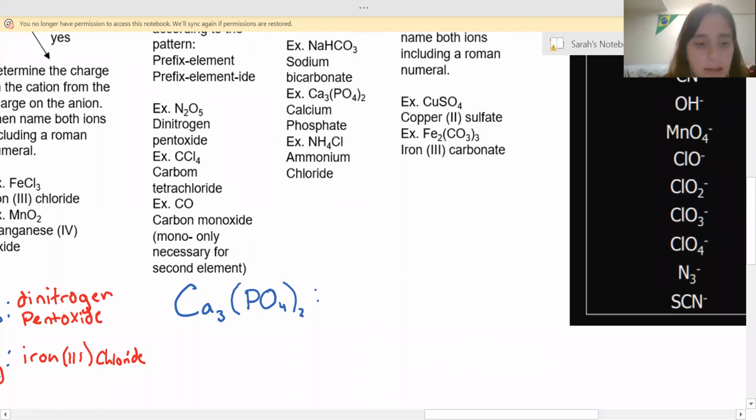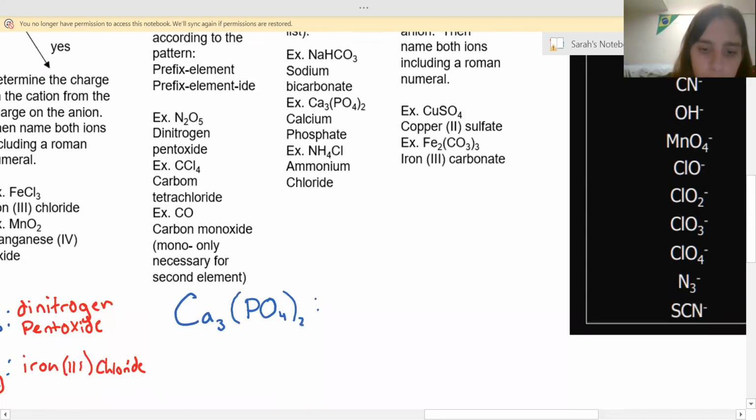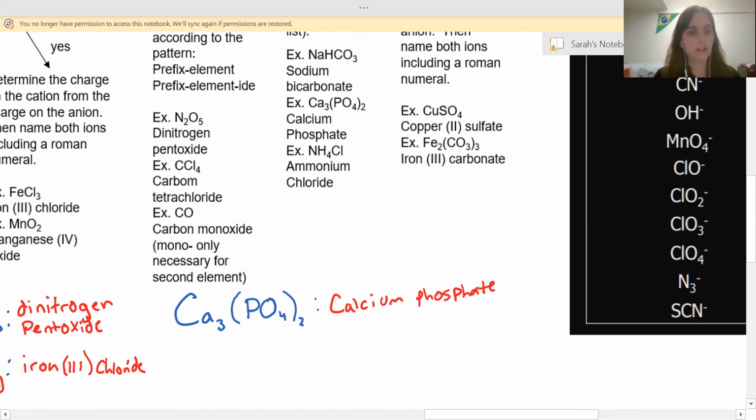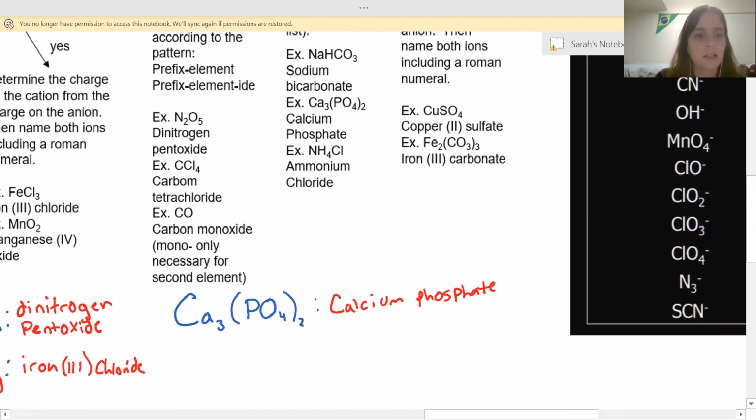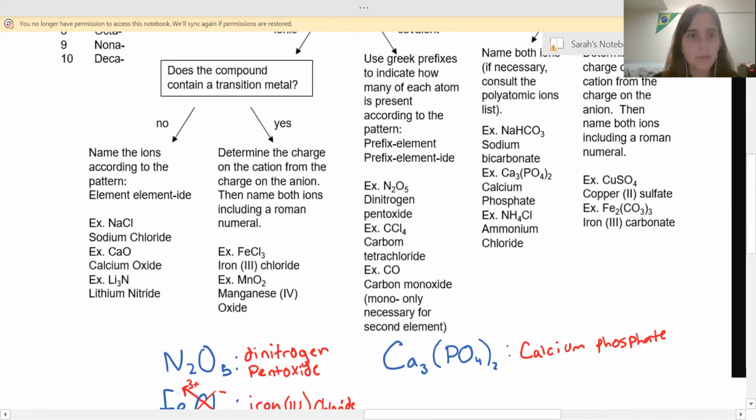PO4 is phosphate. So it just says, name both ions. Easy. Calcium phosphate. Perfect.